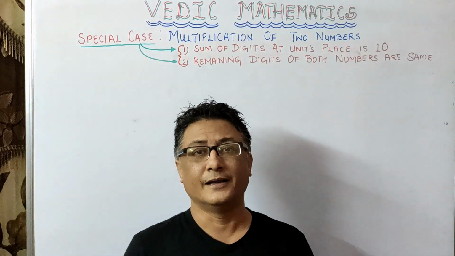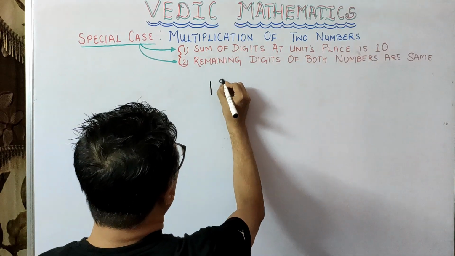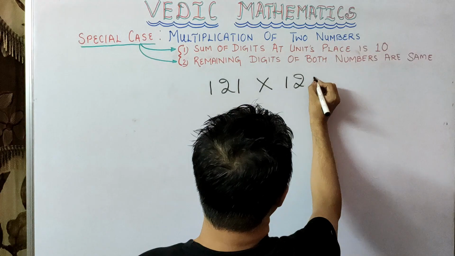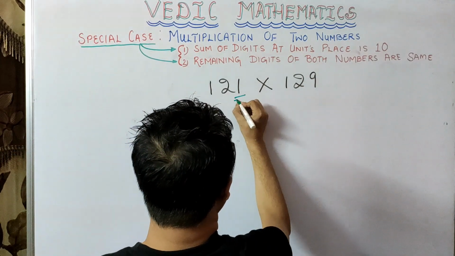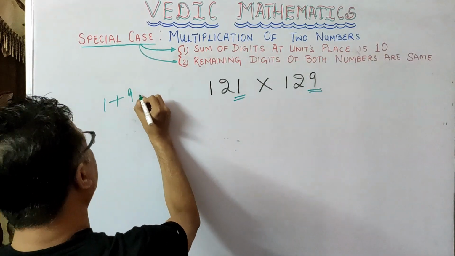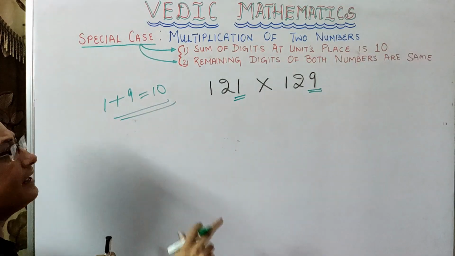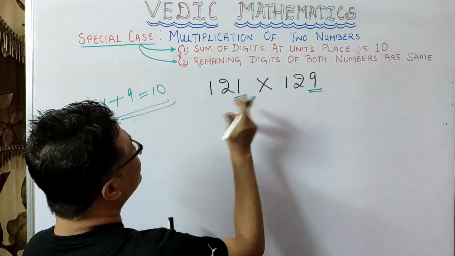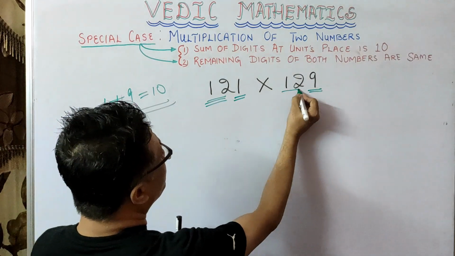So now let's suppose we have to multiply 121 with 129. Now again, as you can see, 1 plus 9 is equal to what? 10. So 1 plus 9 is 10 and the sum of digits at units place is 10 and the remaining numbers are the same.